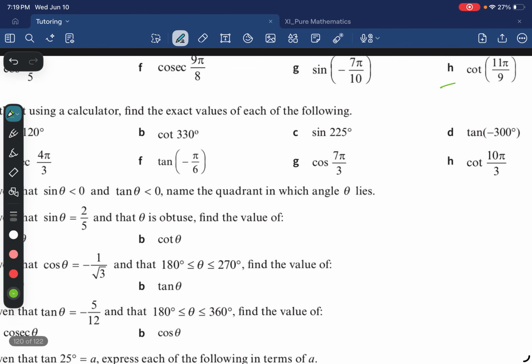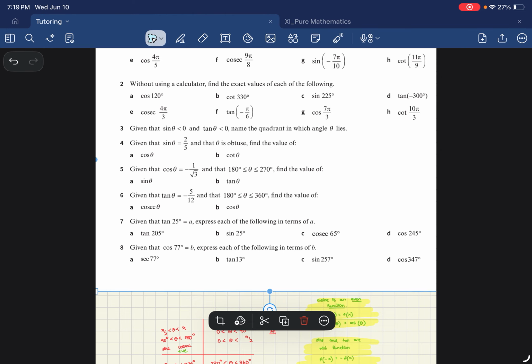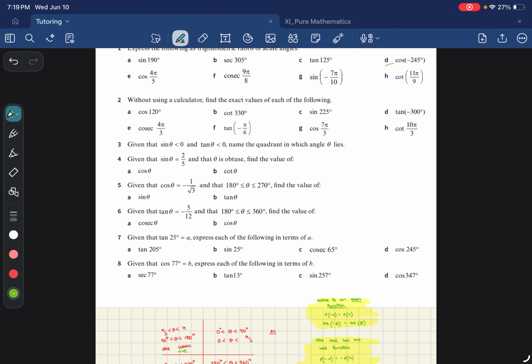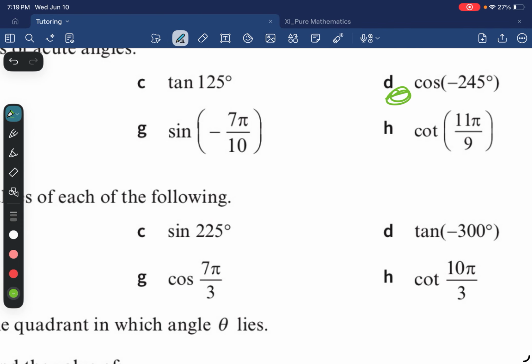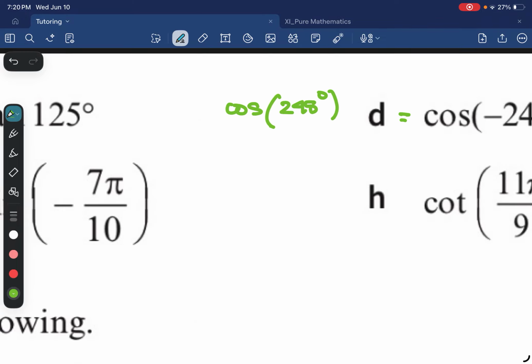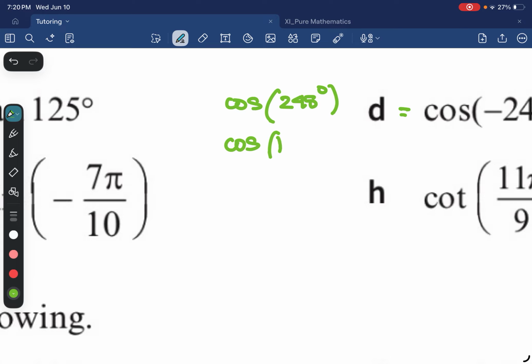All right. So now that we know that cosine is an even function, cosine of negative 245 is just cosine of positive 245 degrees, right? Now I can write this as cosine 180 plus what number?